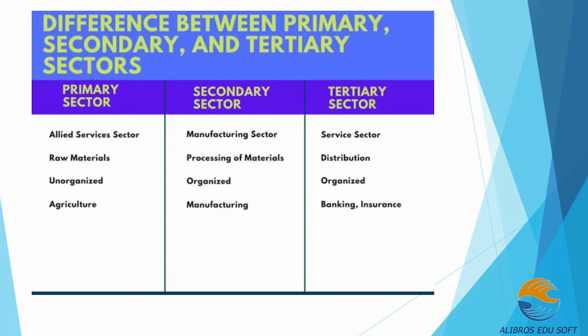While the primary sector is unorganized, the tertiary sector is an organized one. All the goods dealt with in this sector are handled in an organized manner. It mainly deals with banking and insurance. Service sector is all about banking and insurance. So this is a bird's-eye view of the difference between the primary, secondary and tertiary sectors.